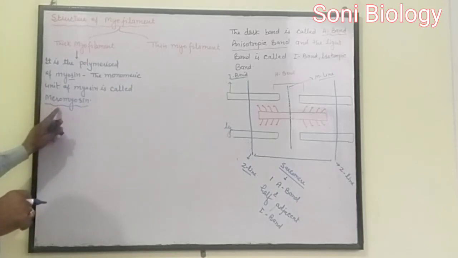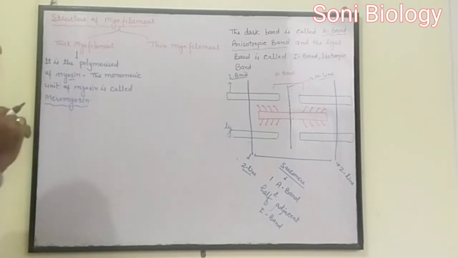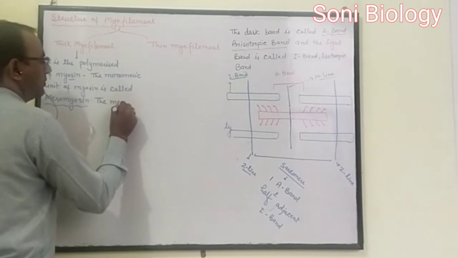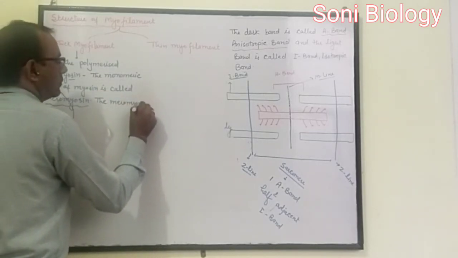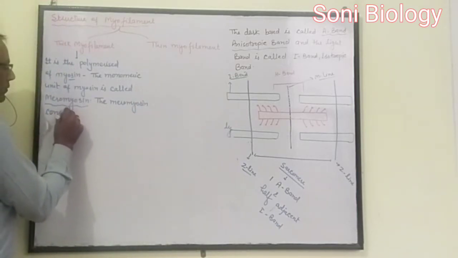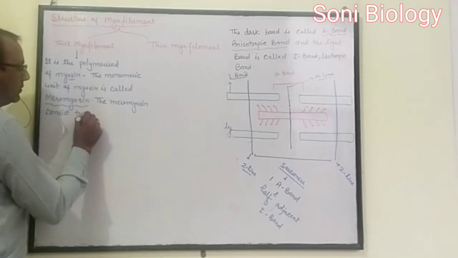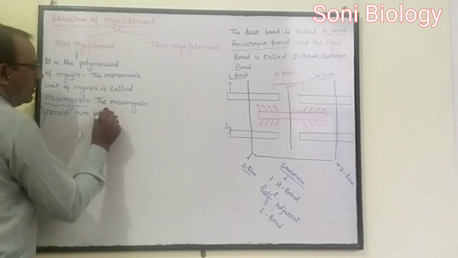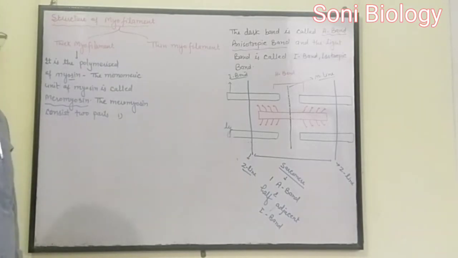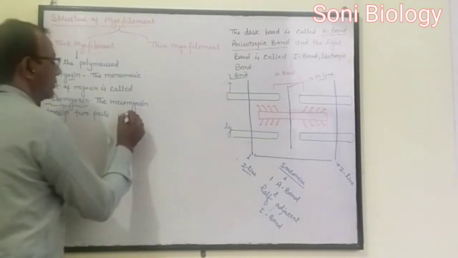This meromyosin contains two parts. One, the globular head with a short arm.